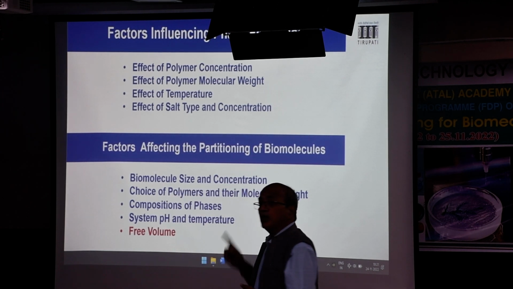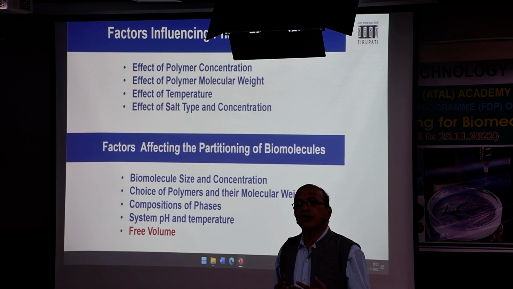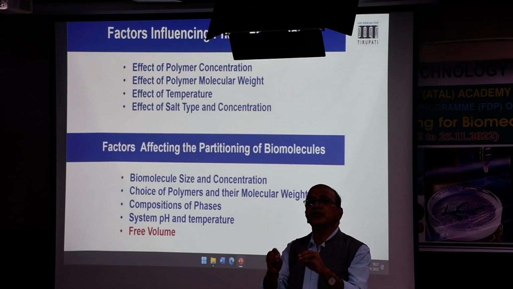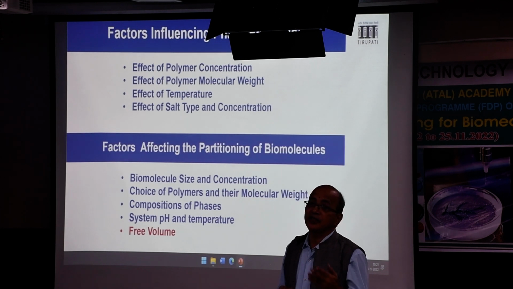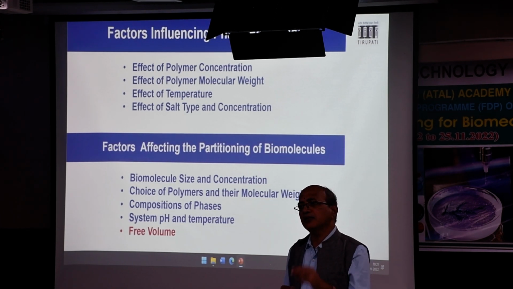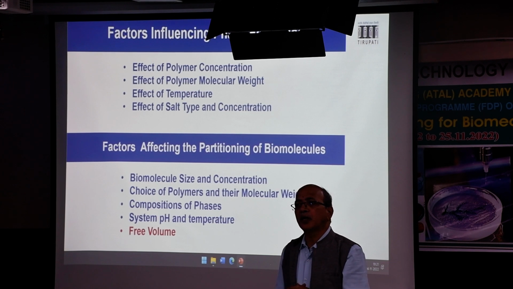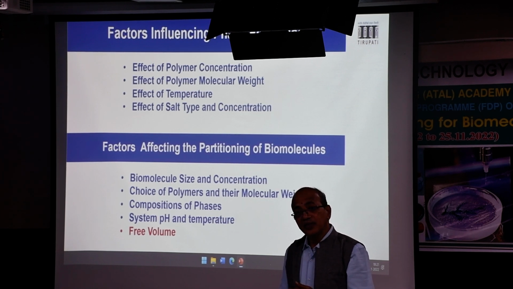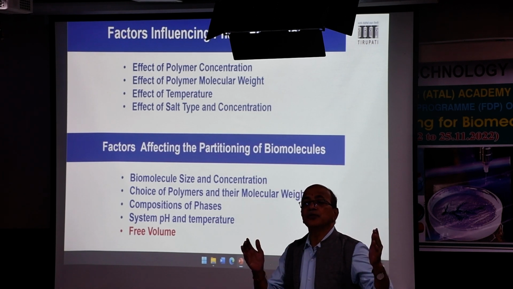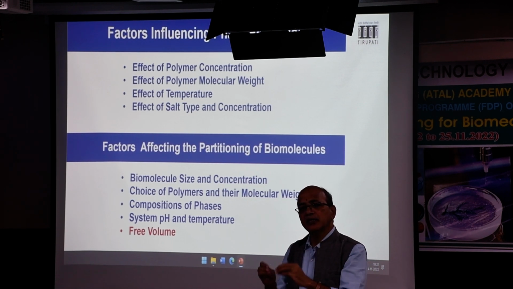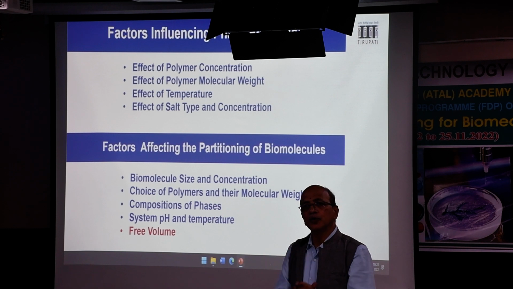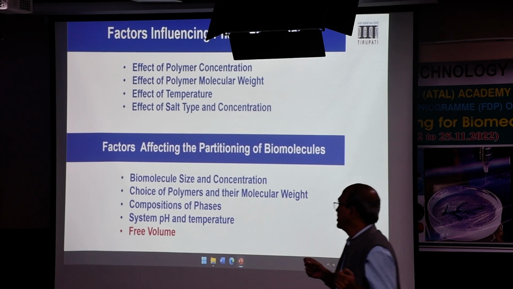Then molecular weight: the higher the PEG molecular weight, the smaller the quantity sufficient to form the phase system. That is an advantage as well as a disadvantage. Advantage in the sense that I can have more water in the phase. But the disadvantage is that its molecular weight being so high, it itself occupies more space, giving less free space for the biomolecule to partition. That I will explain in a minute.